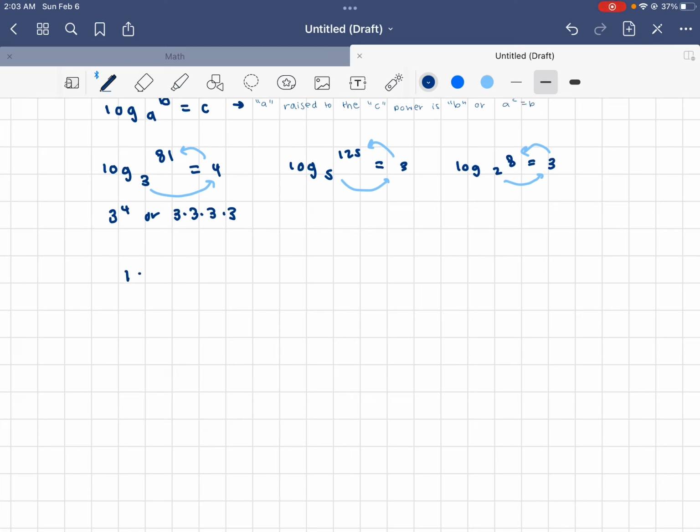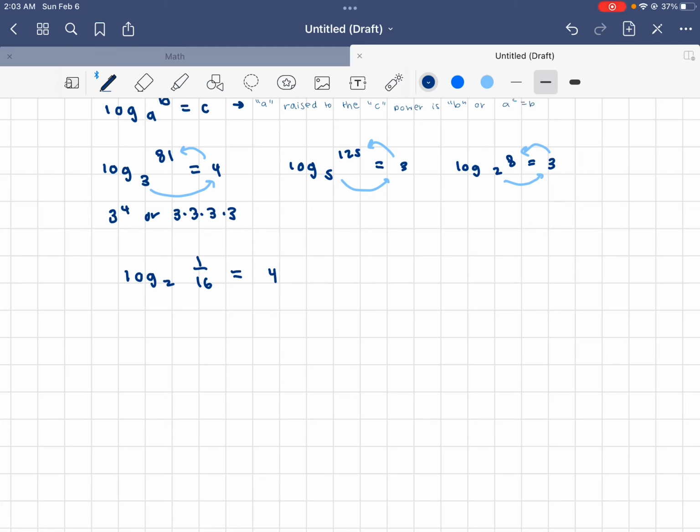So if I had log base 2 of 1/16, we need to find 2 raised to the power of what will give us 1/16. So I like to look at the relation between our numbers. So we have 2 and 16. We know 2 to the power of 4 is 16.